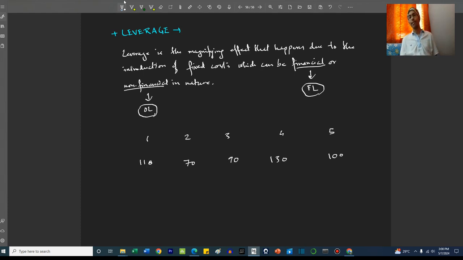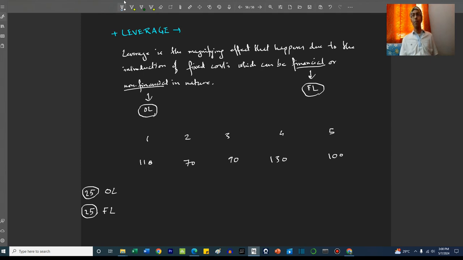Now what happens is a certain amount of operating leverage and financial leverage is added. Let's say a new plant is added, which has an expense of 50 crores, and that 50 crores is divided between debt and equity into 25 crores and 25 crores. So maybe the company uses 25 crores from its own balance sheet cash, and 25 crores it takes as a loan.